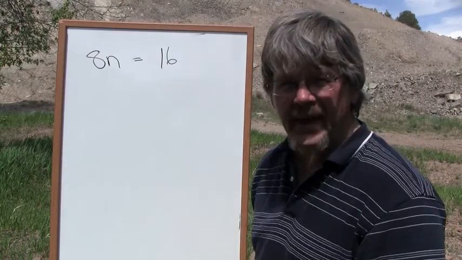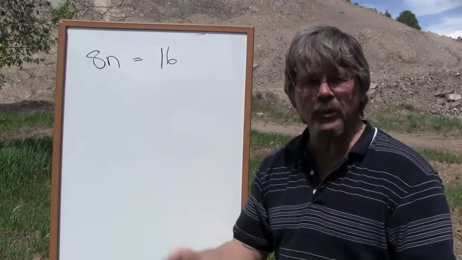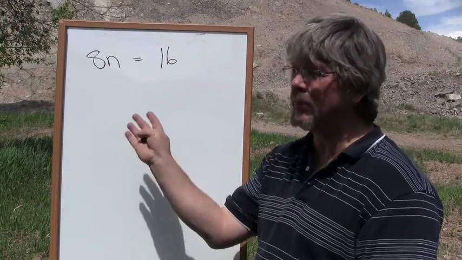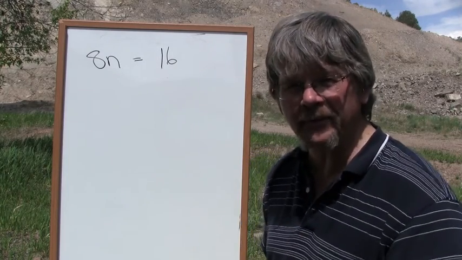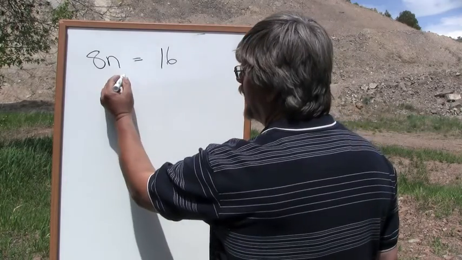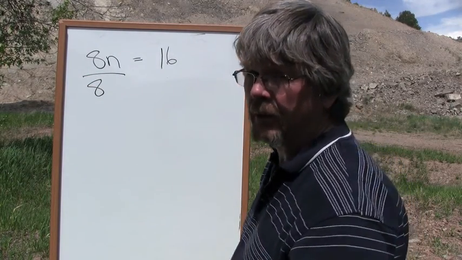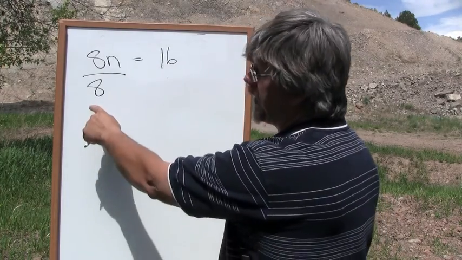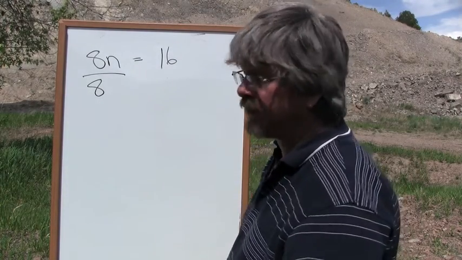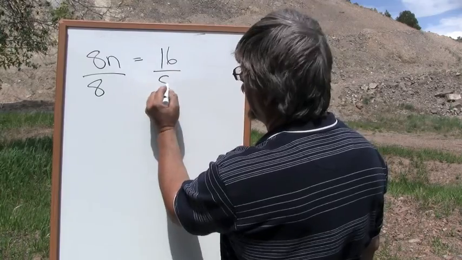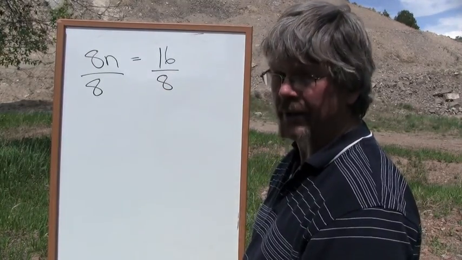How do we isolate n? Someone came along and multiplied my n by 8. I don't want it multiplied by 8. I want it by itself. How do you do that? You divide by 8. If you do something to this side of the equation, you have to do the same thing to this side of the equation, right?